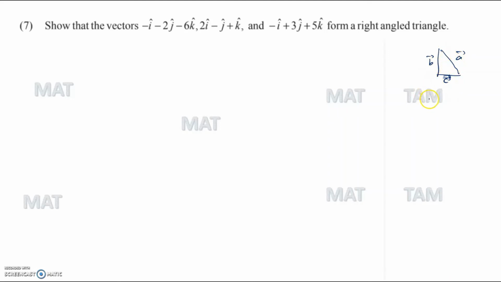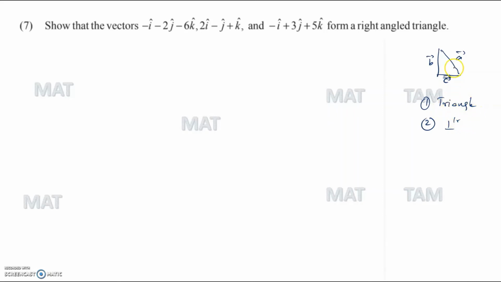So first we need to prove that they form a triangle, and then we have to prove that two sides are perpendicular. Then we can show that this is a right angle triangle.